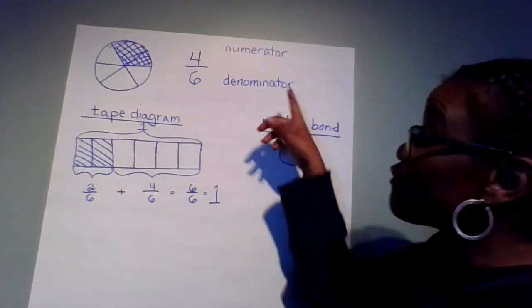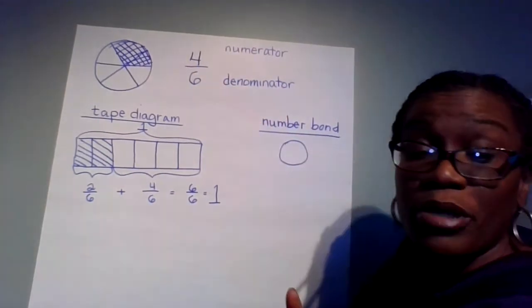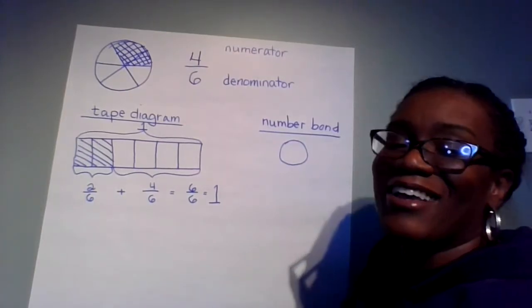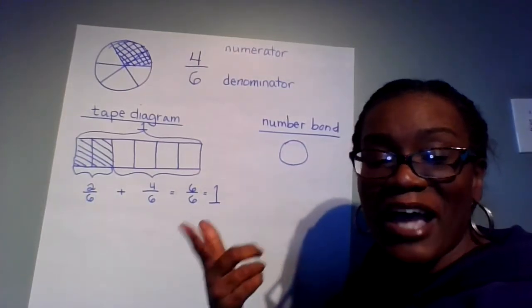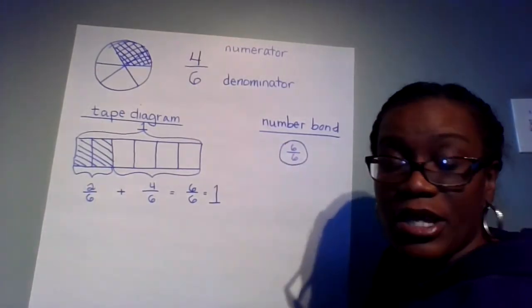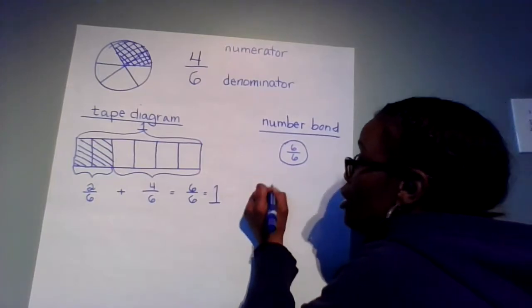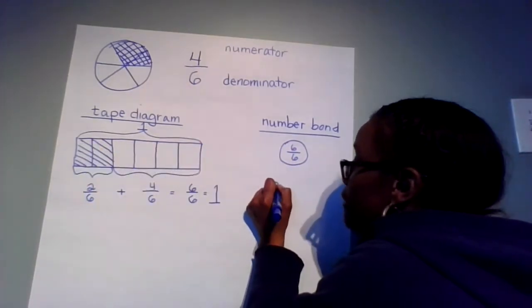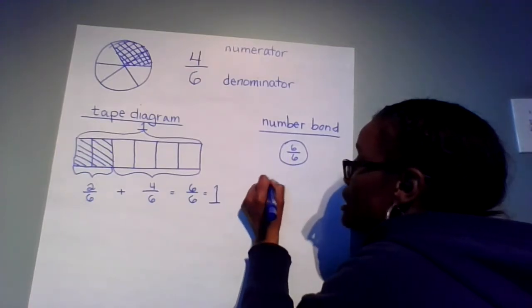And the largest fraction for this would be for a whole number. And that's going to be what? You guys are so smart. That's right, 6/6. So we're going to put 6/6 here. And then we're going to go down here and we're going to write how many were shaded? 2/6.